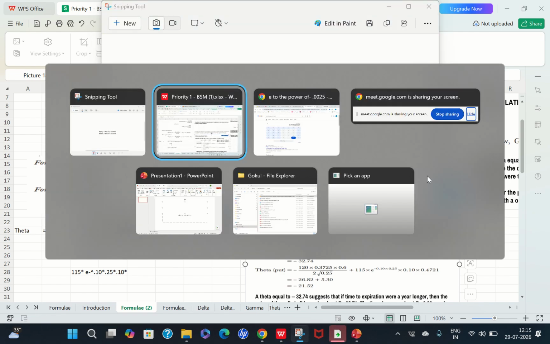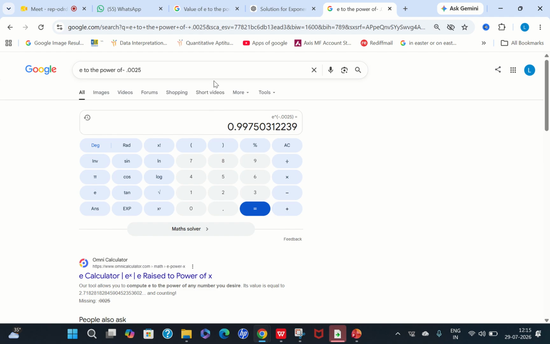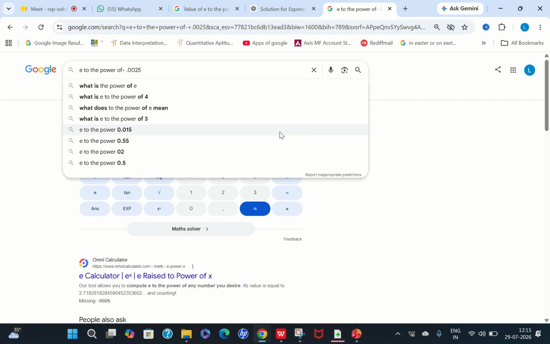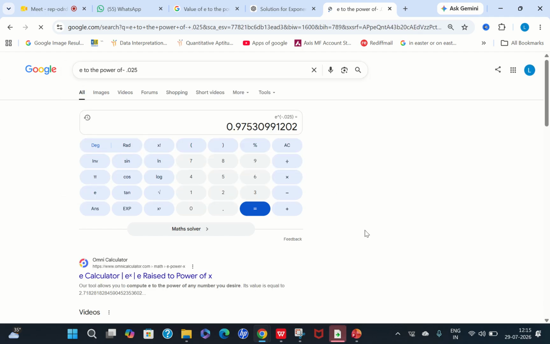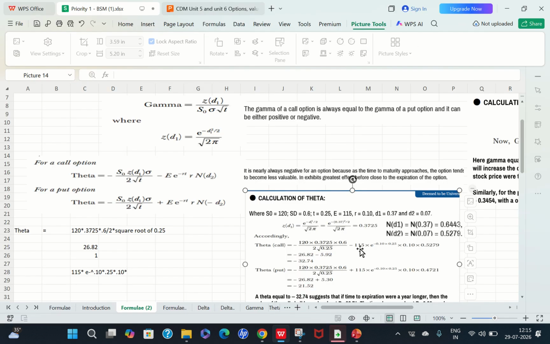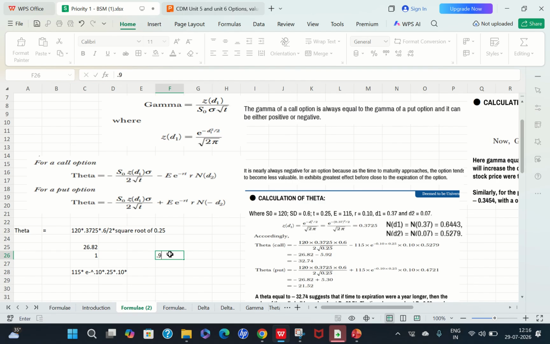So let us put it, e to the power of minus 0.025, which is 0.9753. So this is the entire value for the e to the power of minus rt.